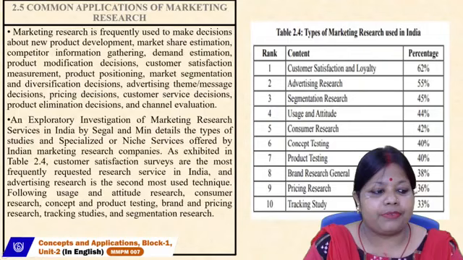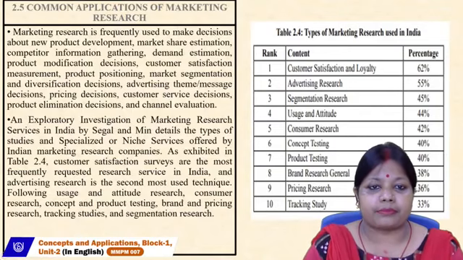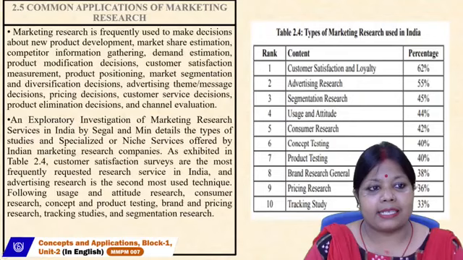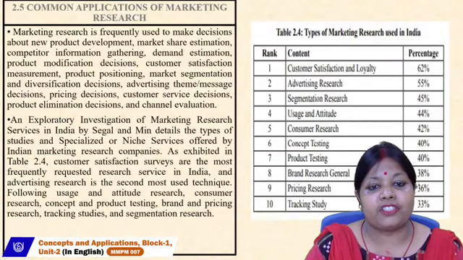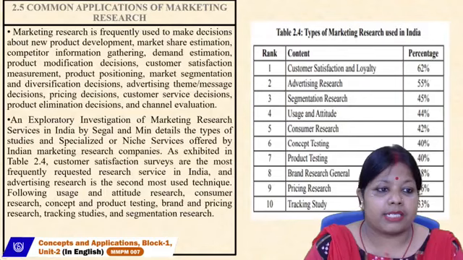Marketing research is frequently used to make decisions about new product development, market share estimations, competitor information gathering, demand estimation, product modification decisions, customer satisfaction measurement, product positioning, market segment and diversification decisions, advertisement theme decisions, pricing decisions, customer service decisions, product elimination decision, and channel evaluation. So many things are required in marketing research, you can say.